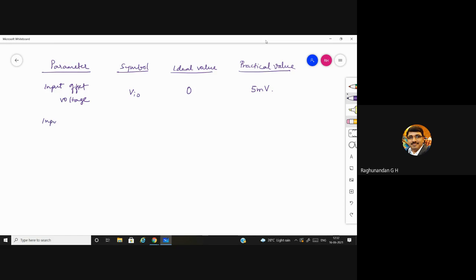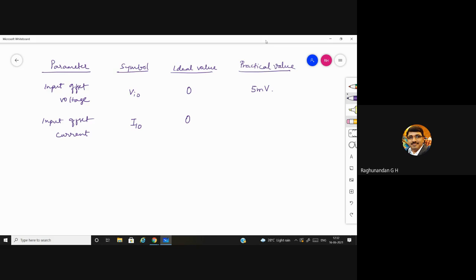Next, input offset current. Ideally it is 0. Again, offset means unwanted current.